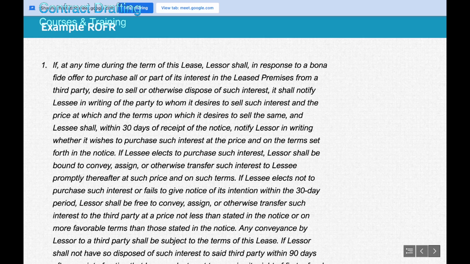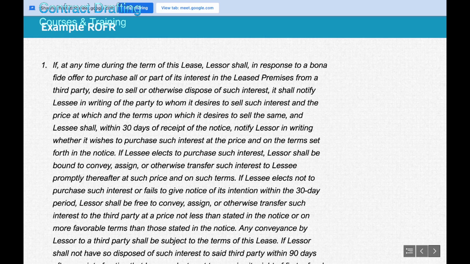If the lessee elects to purchase, then the lessor is bound to transfer that interest to the lessee at the same price and on the same terms. And if the lessee chooses not to exercise that right or fails to give this notice, then the lessor can freely transfer those rights to the third party. However, it should not be less than the price stated in the notice.